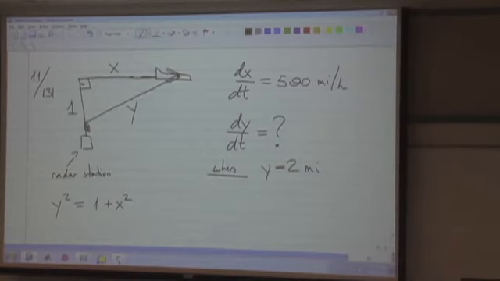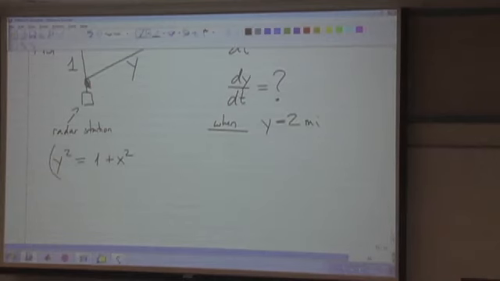So the thing that you should never do is actually put in 2 for y right now. What you want is the rate of change with respect to time. So we end up with 2y dy over dt is equal to 2x dx over dt.